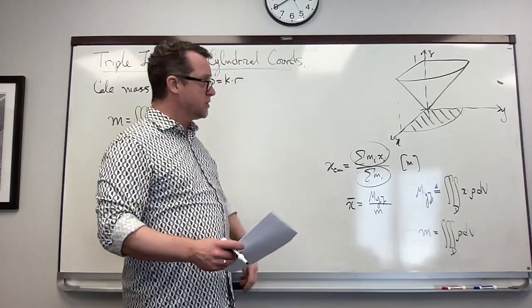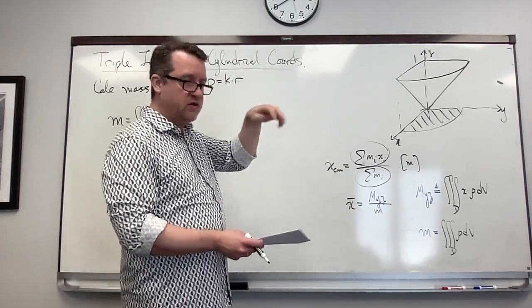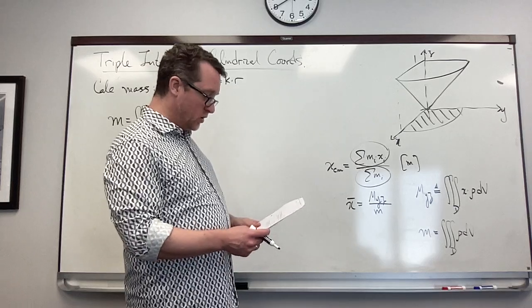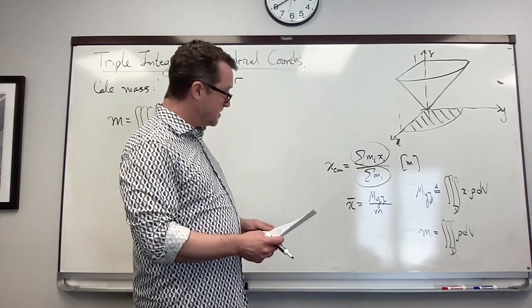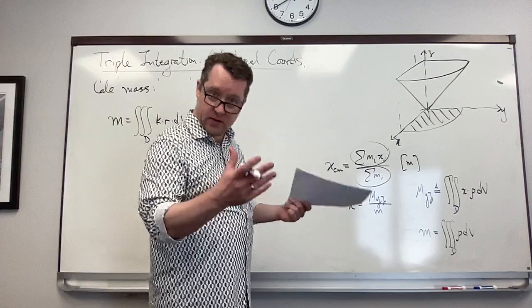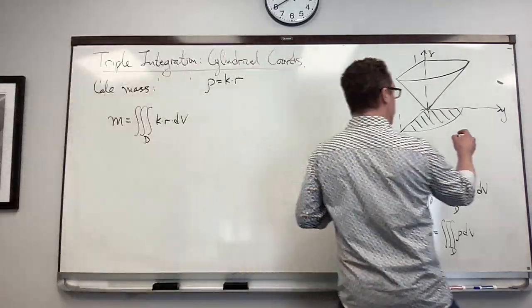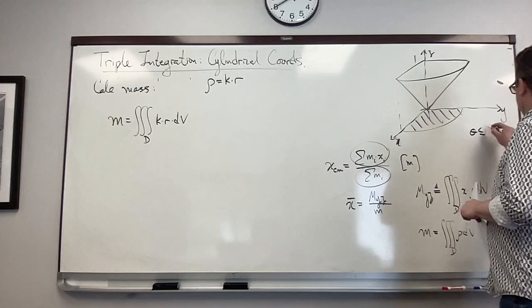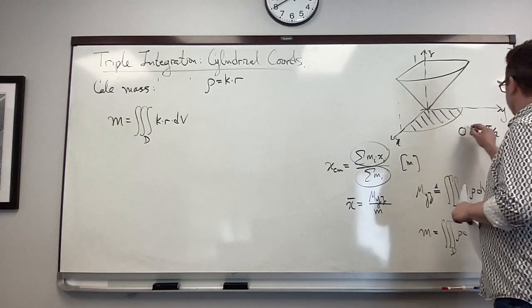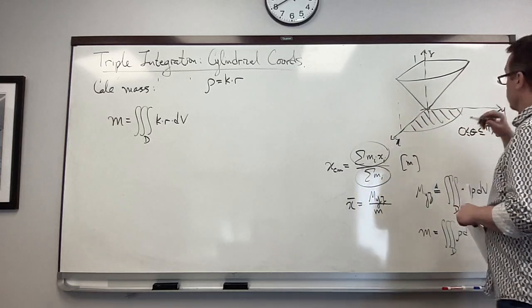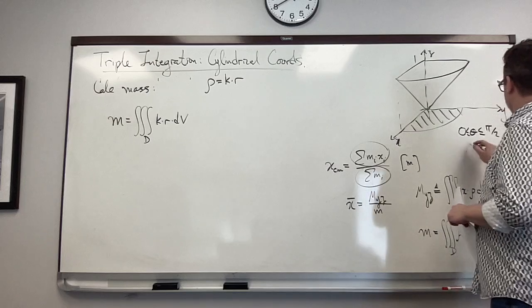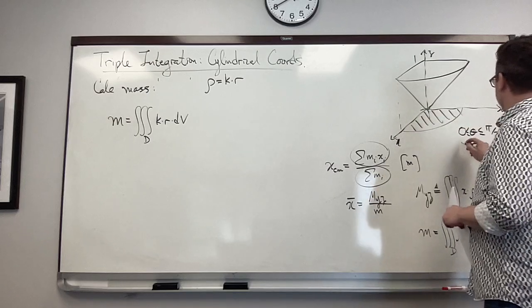We'll do the z integration first, because that's a height between two defined height functions, and then we'll decide whether to go r and theta. Remember, we're doing this in cylindrical. So theta goes from 0 to pi over 2, and r goes from 0 to 1.